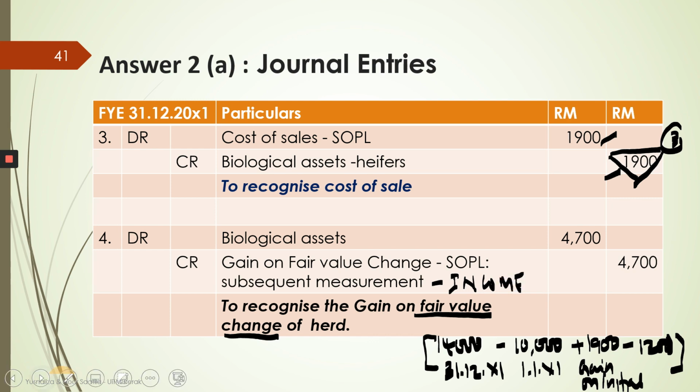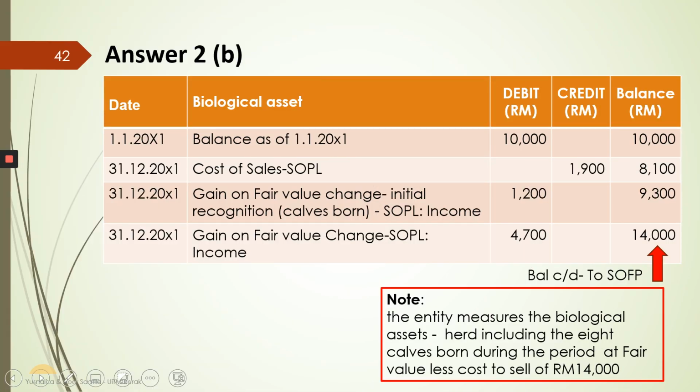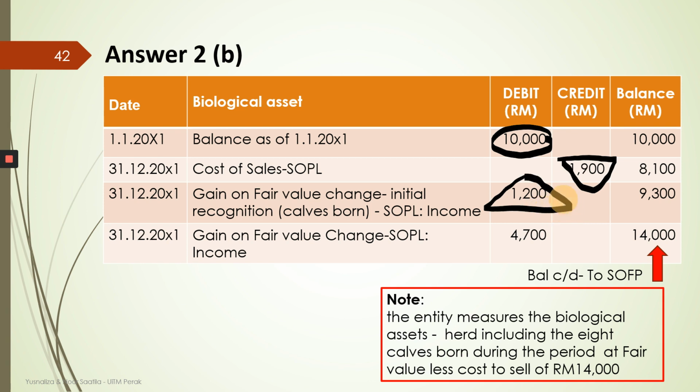So let's look at the biological asset account given here. As I said, this one is given in the question, the beginning balance. These are our records when we recognize the cost of sale. This is our record when we recognize our gain on initial recognition, and the balancing figure here is what is recognized as gain on fair value change.